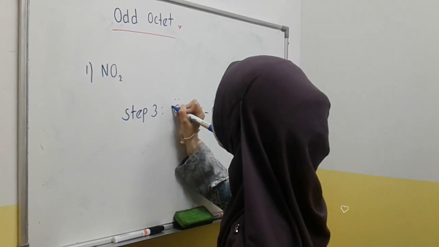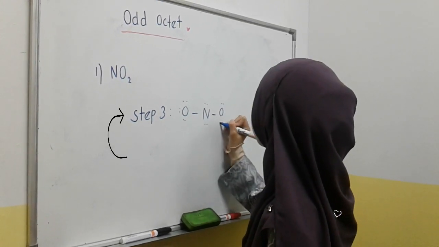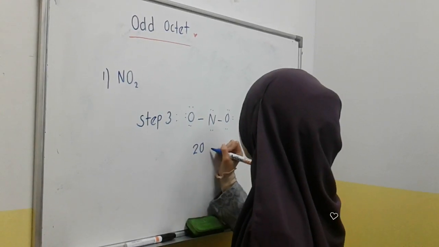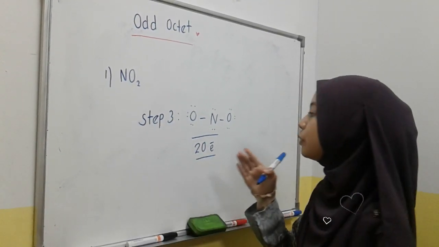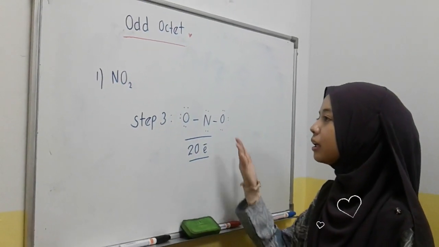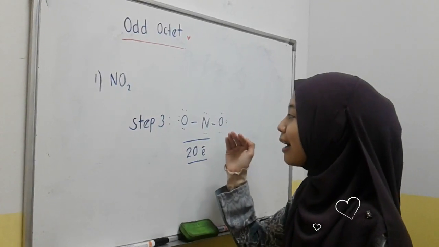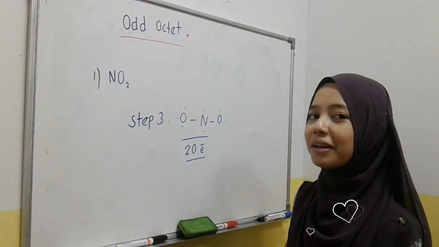Surround the element and count the total of electrons. As you can see, the total electron count is 20. So we have to remove electrons to make it the same as we calculated before.